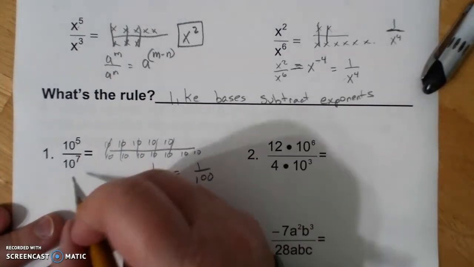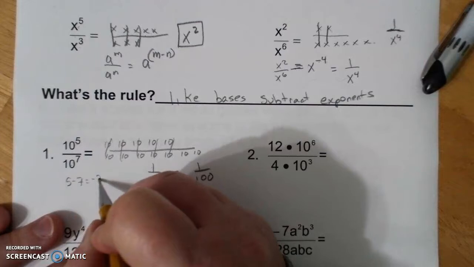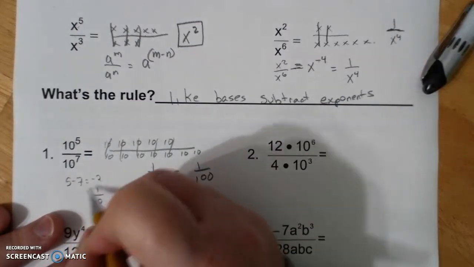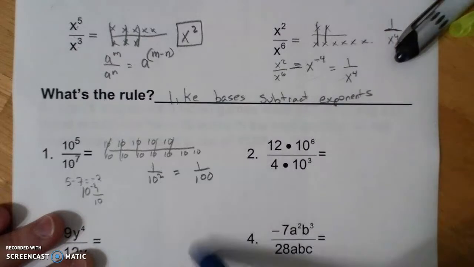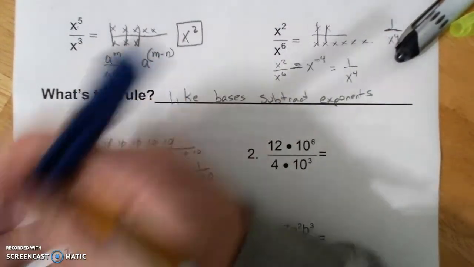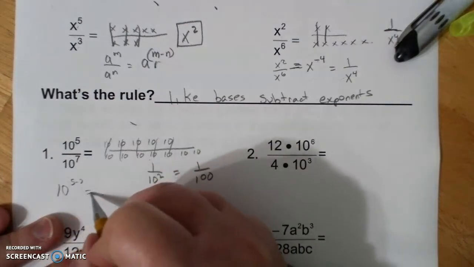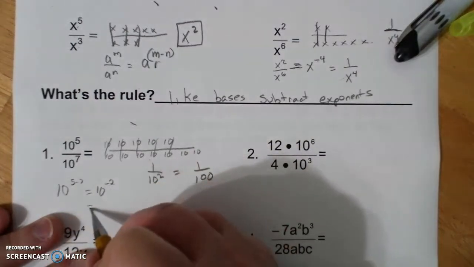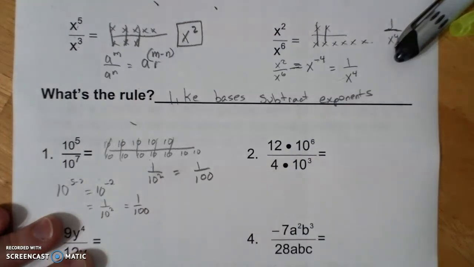If you had this, it would be 5 minus 7, which is negative 2, 10 to the negative 2, which becomes 10 to the 5 minus 7 equals 10 to the negative 2, which is 1 over 10 to the 2, which is 1 over 100. Same way.